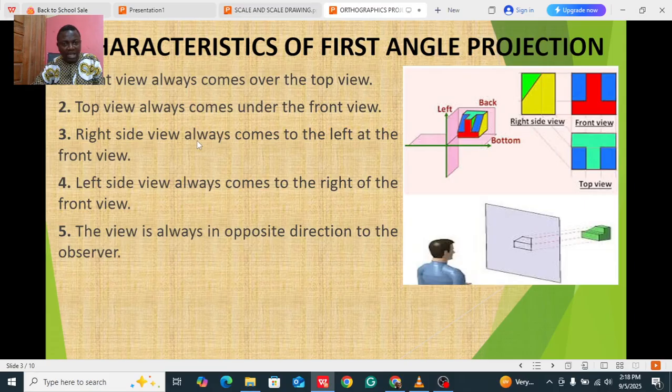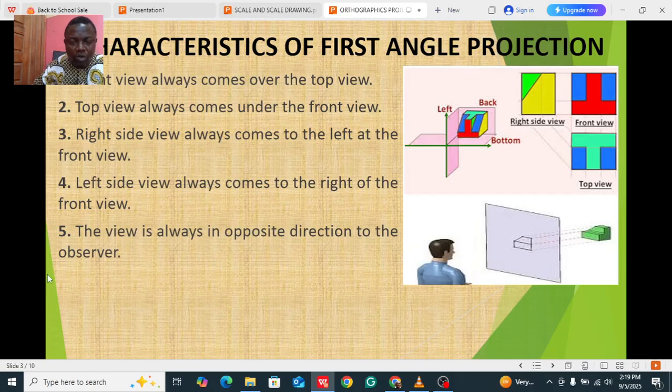Now your right hand side view always comes to the left of the front view. That is, whatever you are seeing at your right hand side view, you position it to the left of the front view. And whatever you are seeing, number 4, on the left hand side view, always comes to the right of the front view.